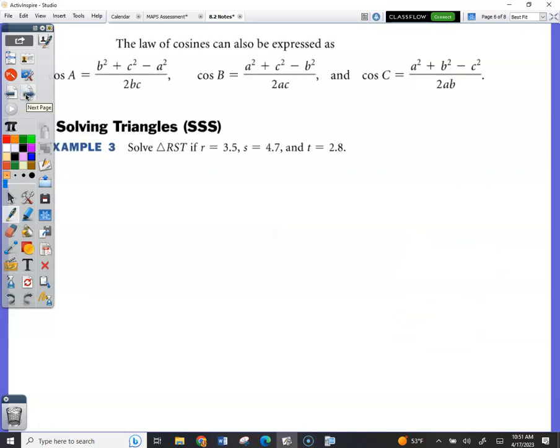So like this one right here, if you were to draw your picture, we have angle R, S, and T, little r, little s, little t. Remember to make sure you're putting the numbers across from the angles that they correspond with. Okay, so clearly this is a side problem. That's law of cosines. We have all 3 angles missing.